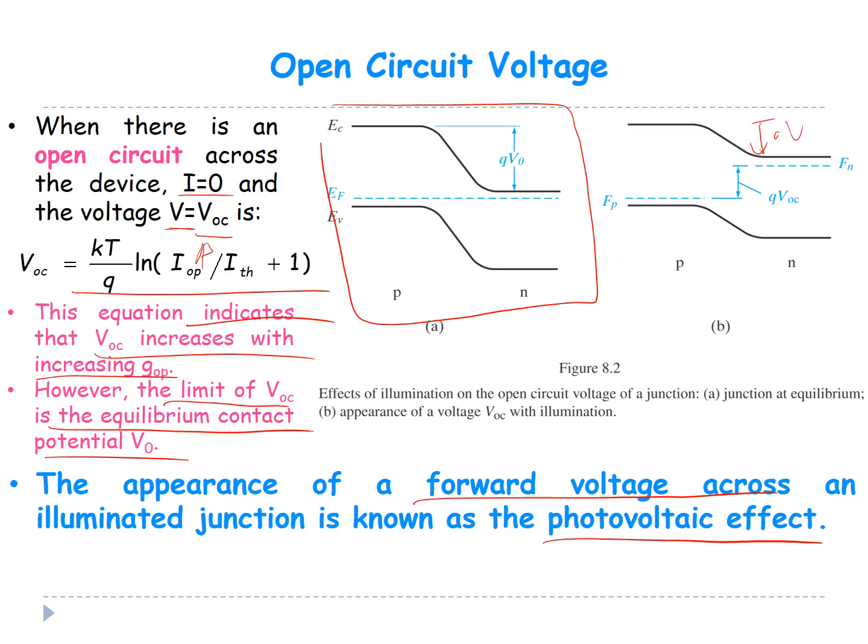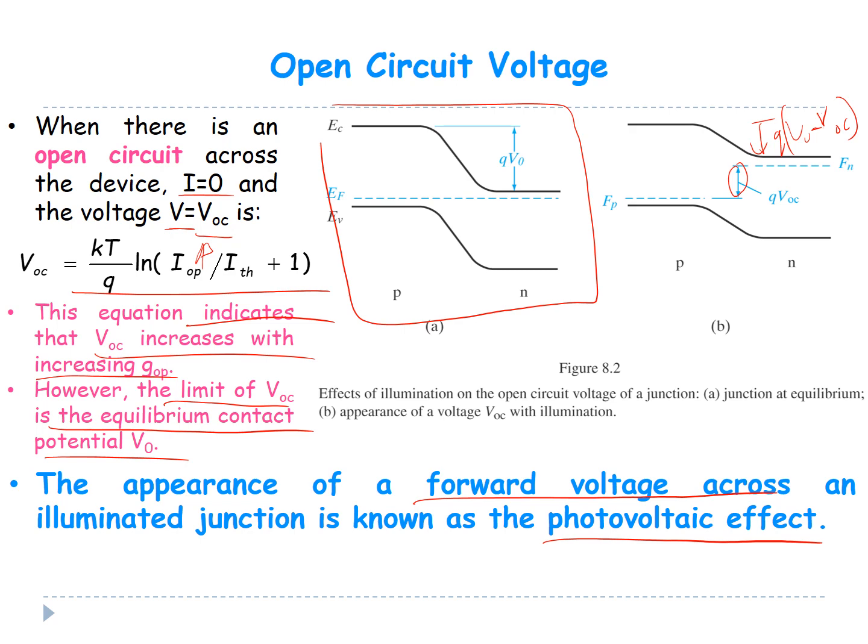So you get q(V_0 minus V_OC) here, and you can see that V_OC is actually the difference between the quasi Fermi level for electrons and the quasi Fermi level for holes.